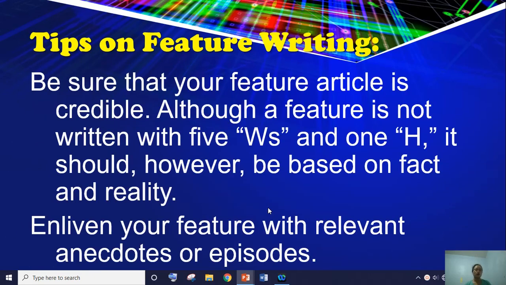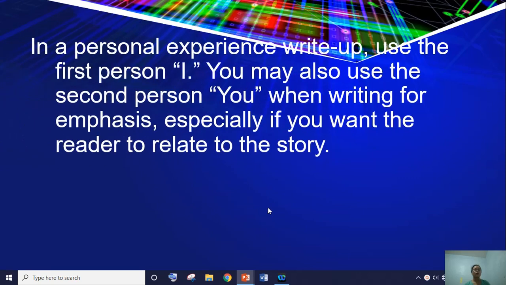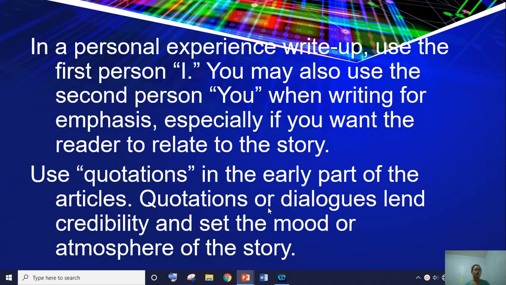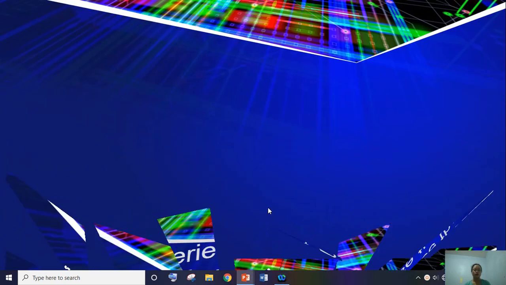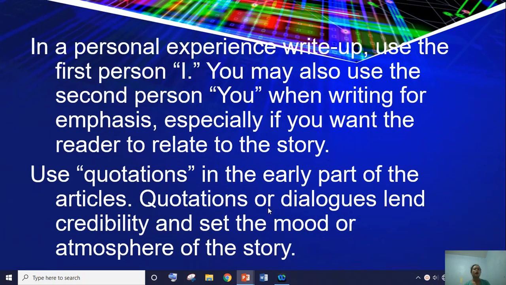So, enliven your feature with relevant anecdotes or episodes. In a personal experience write-up, use the first person I. You may also use the second person you when writing for emphasis, especially if you want the reader to relate to the story.